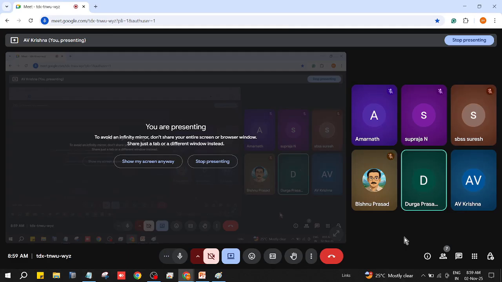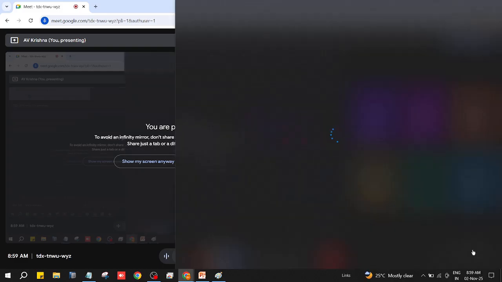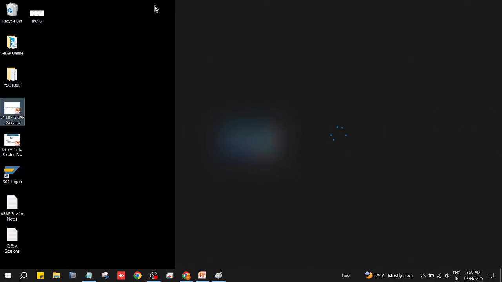In one of the requirements I have seen, they have asked for FICO with BTP. Is it relevant for a functional consultant? They are expecting BTP also. Yes.